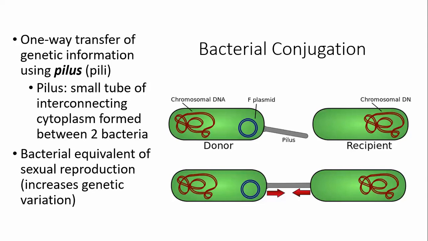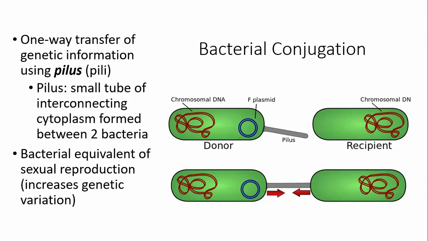Bacterial conjugation is also sometimes thought of as their major form of sexual reproduction because it's the most common way that they exchange bits of genetic information. So what they do is one bacterium will extend a pilus to another. It forms a little tube, which is basically a hollow tube with some cytoplasm in it between two bacteria, and they will make a copy of a plasmid that's found inside of them and send that copy into the recipient bacterium.